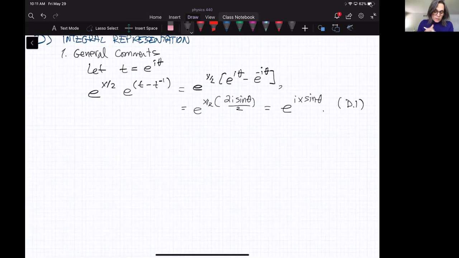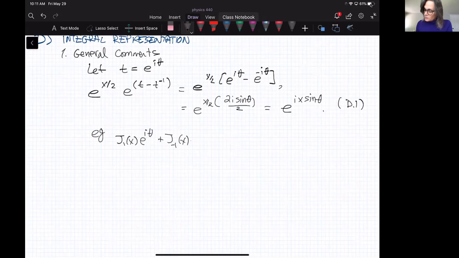But we can relate this to the different Bessel functions themselves. And I can go through some of this. So for example, we could write J1 of x times e to the i theta plus J minus 1 of x e to the minus i theta is equal to J1 of x times e to the i theta minus e to the minus i theta, or 2i J1 of x times sine of theta.